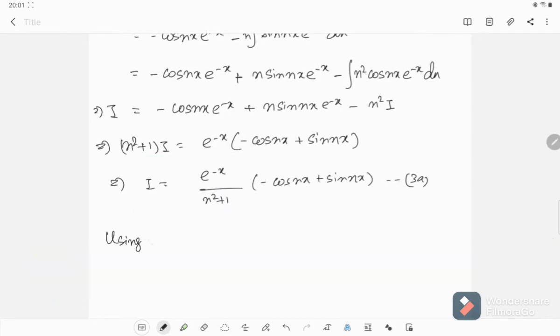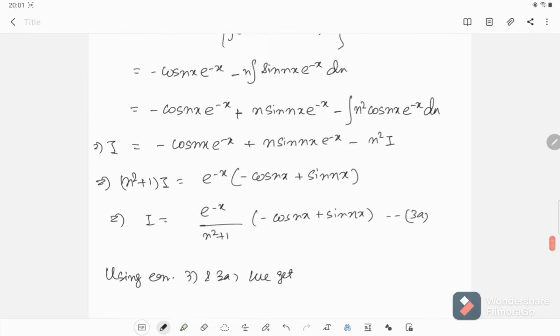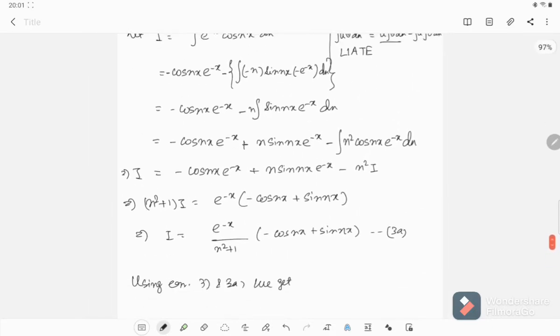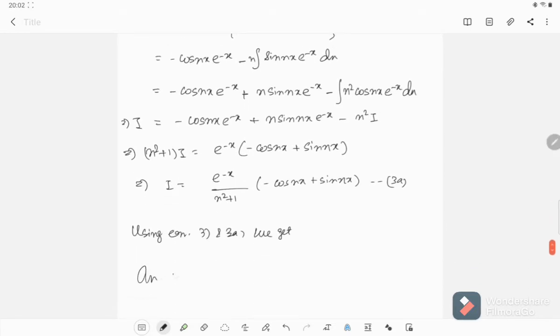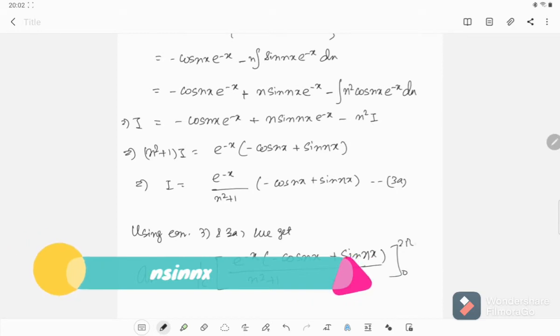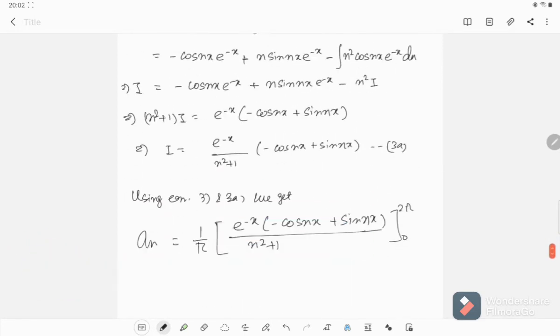Using equations 3 and 3a, we get an is equal to 1 by pi of e to the power minus x by n square plus 1 times minus cos of nx plus n sine of nx, and the limit will be 0 to 2 pi.